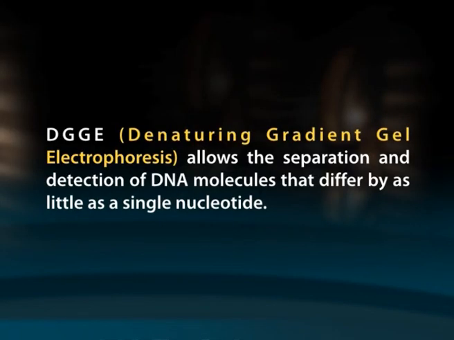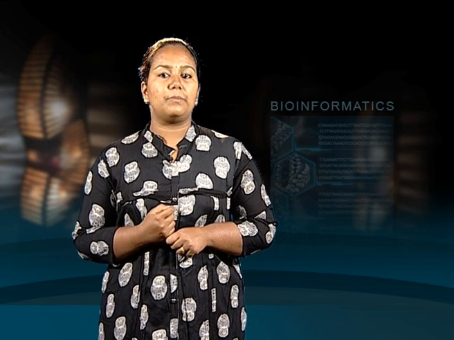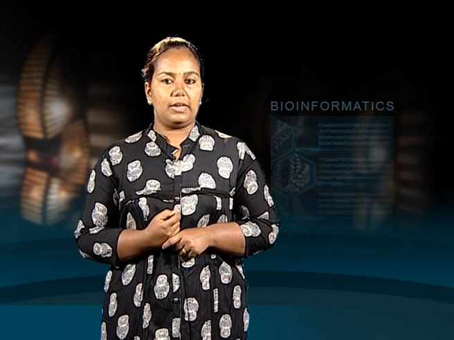Denaturing gradient gel electrophoresis, or DGGE, was originally described by Myers and his co-workers in 1987. DGGE allows the separation and detection of DNA molecules that differ by as little as a single nucleotide. The electrophoretic separation is based upon the melting properties of the double-stranded DNA molecule.